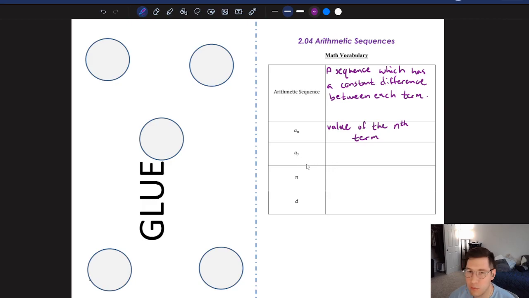And so a sub 1, well, that's the first, or starting, I'm going to put starting in parentheses because we'll see it both ways, term. N is going to be our term number. And D is that piece that we've already sort of seen up above, this constant difference.